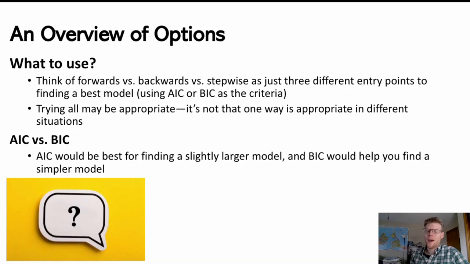In terms of our expectation for the class, you should at least understand these three methods that we've talked about and understand that you can use all of them to find some candidate models and then choose which one you think is the best. And again, it's also possible that you don't choose any of the models that come out of these methods, but maybe they do help you narrow down some ideas. Maybe you still choose a different model for some reason, but hopefully this is a good starting point to finding some candidate models.